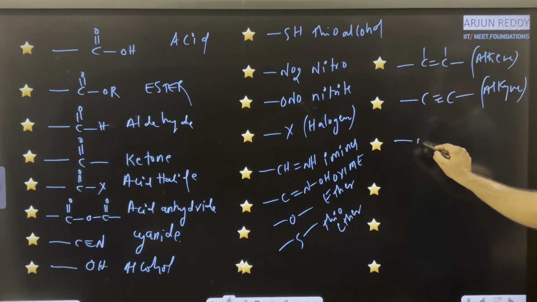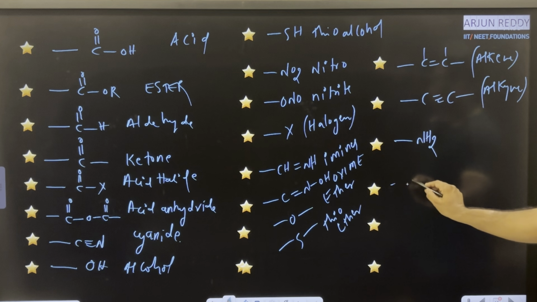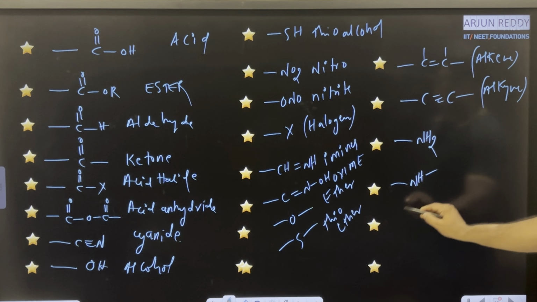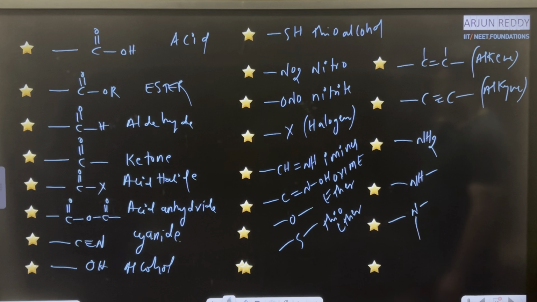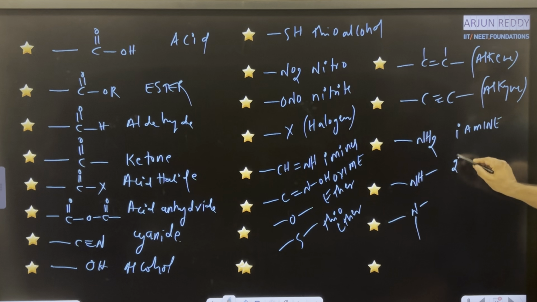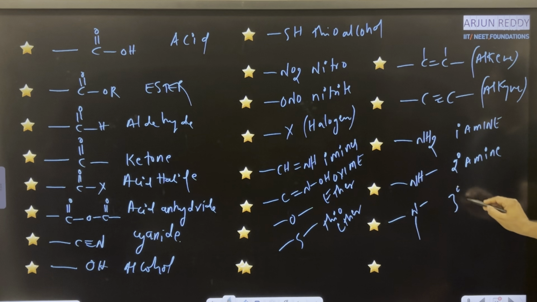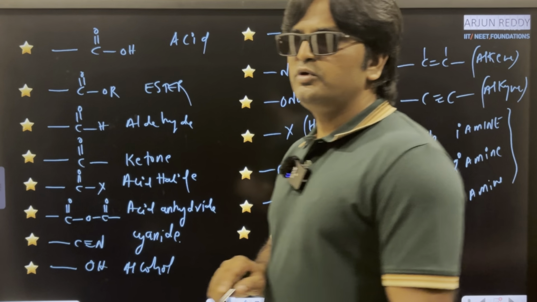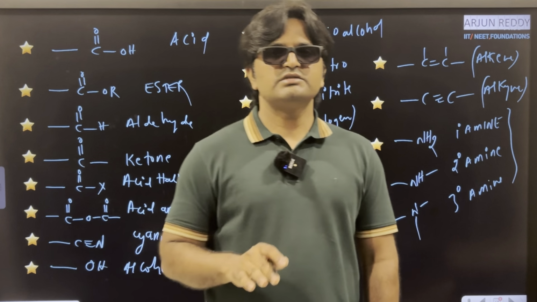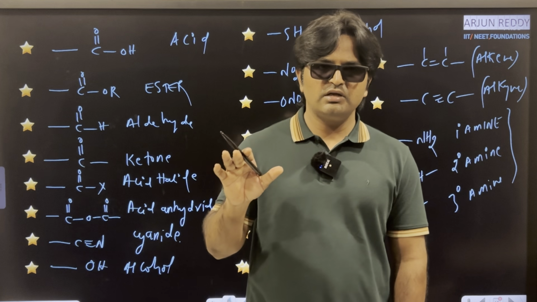Here I am taking NH2. What is NH2? 1 degree amine. This one is 2 degree amine. Next, 3 degree amine. What is the speciality of these functional groups? 1 degree amine, 2 degree amine, 3 degree amine are considered as different functional groups.